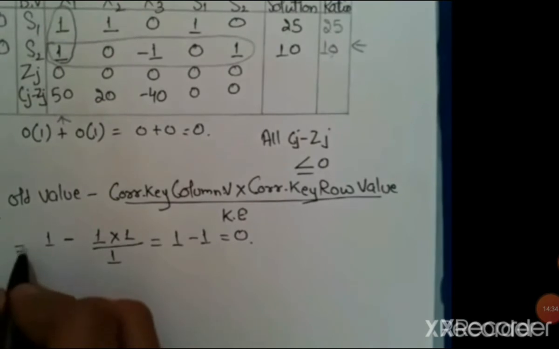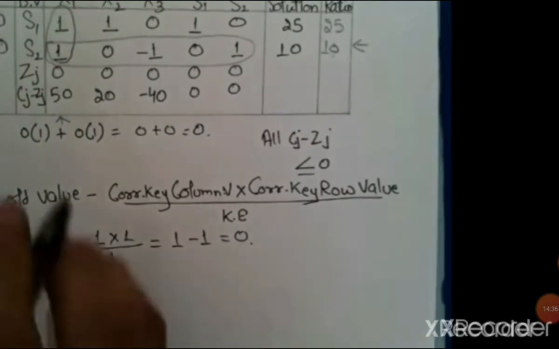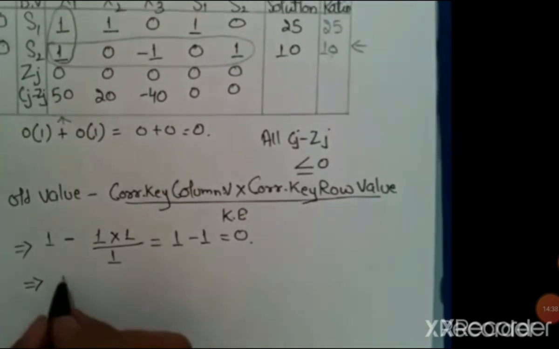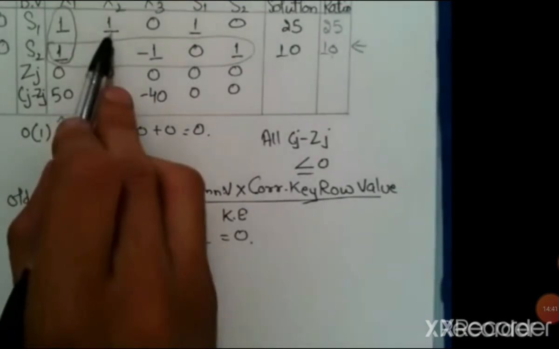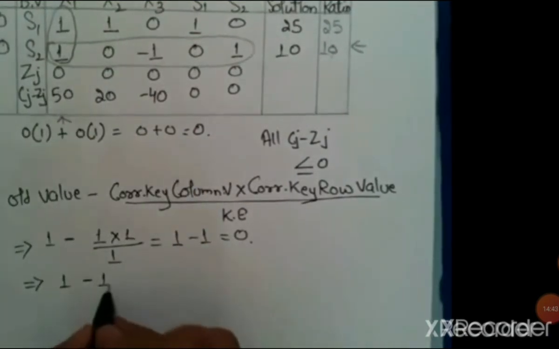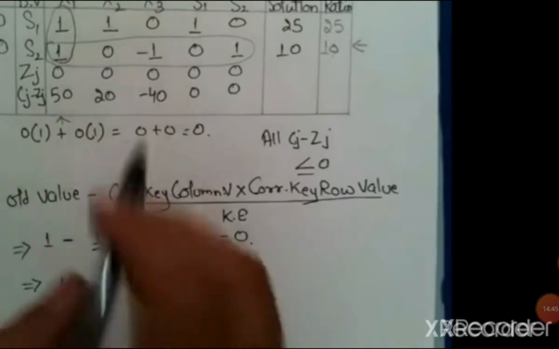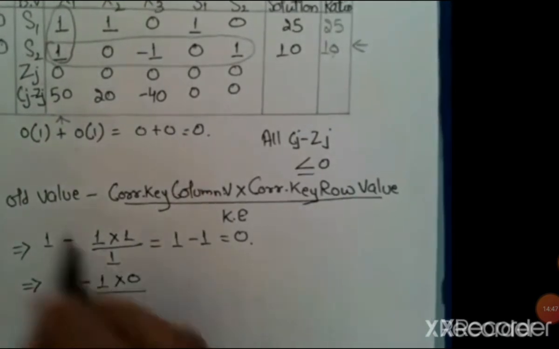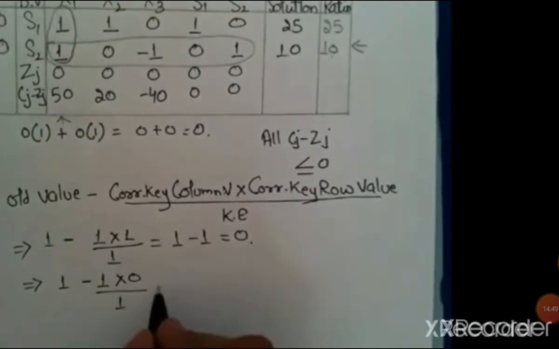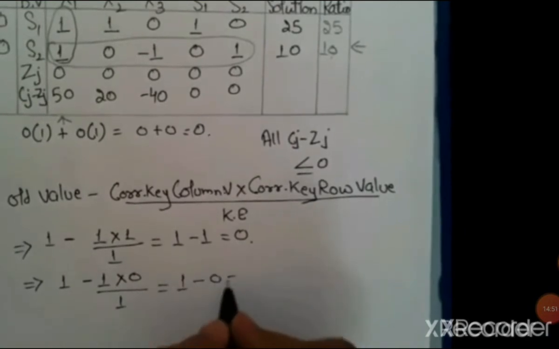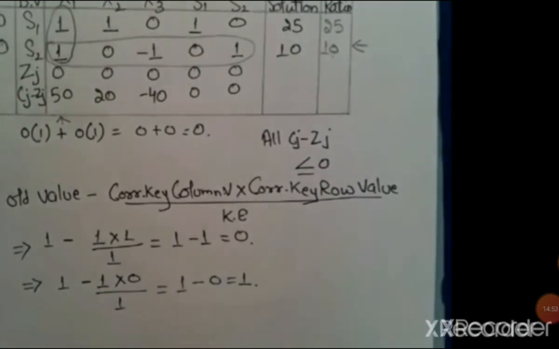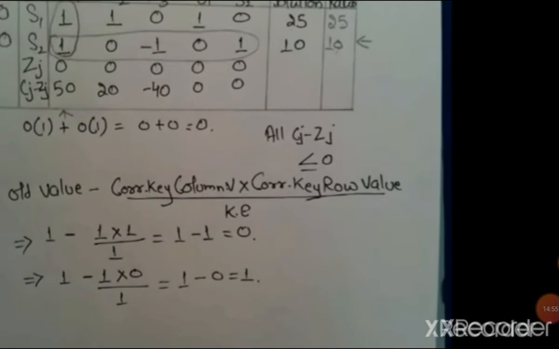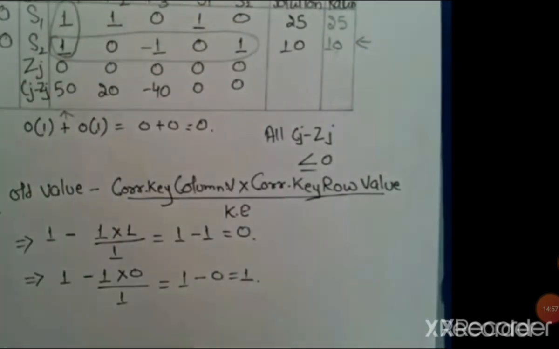Similarly for the second, the old value is 1 minus the corresponding key column value, 0, divided by the key element 1. So 0 divided by 1, 1 minus 0 is 1. Similarly the third, 4th, 5th, 6th.